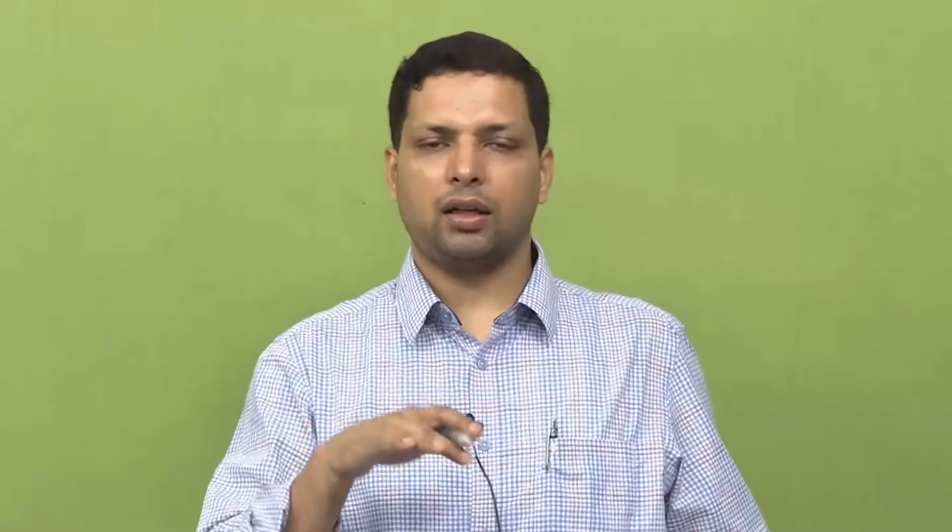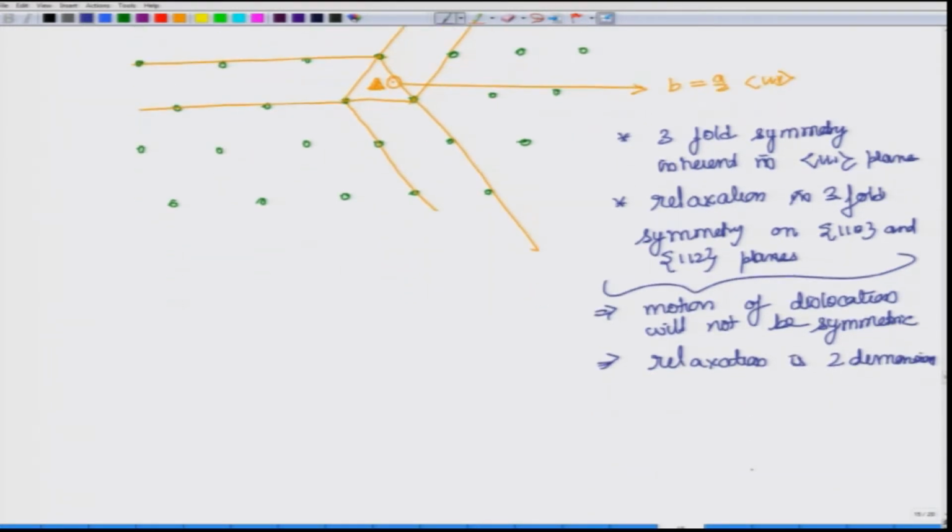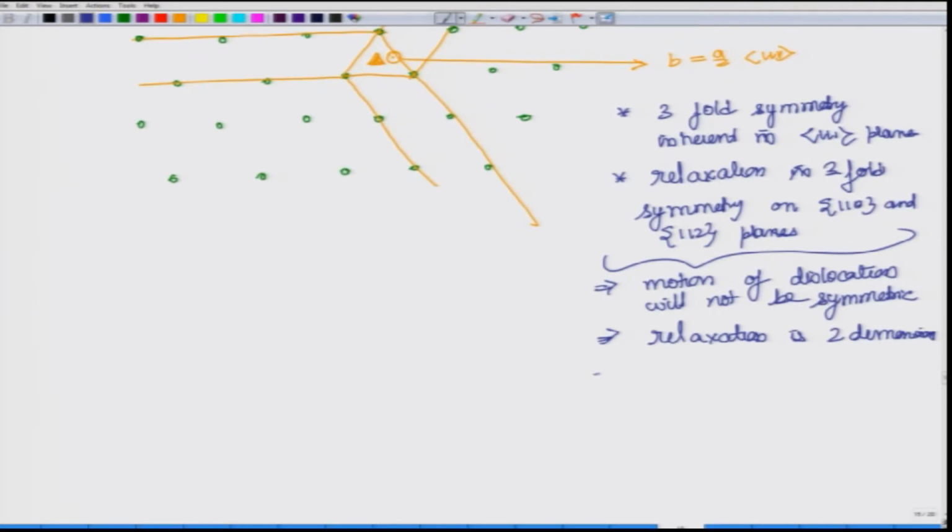So, in all of those edge dislocations, the relaxation takes place in that plane, where there is largest shear stress. However, in BCC you can realize that the relaxation will be three dimensional because of this threefold symmetry, and when it is three dimensional relaxation, it would imply motion would not be easy.